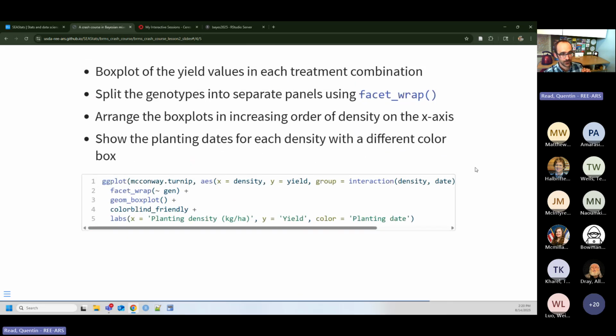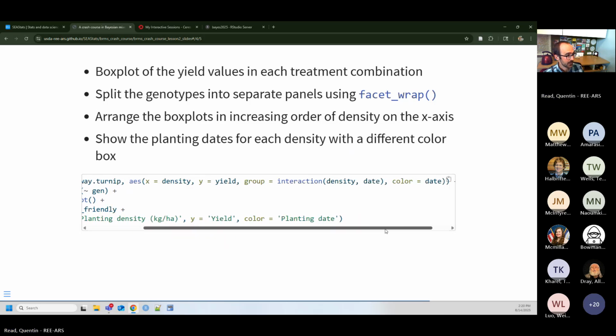Yes, so we want to plot the density levels on the x-axis, the 4 levels of 1, 2, 4, and 8. And yield, our response variable, on the y-axis. And within each density, we're going to make a separate box plot to show the distribution for each planting date, and use color to indicate planting date.